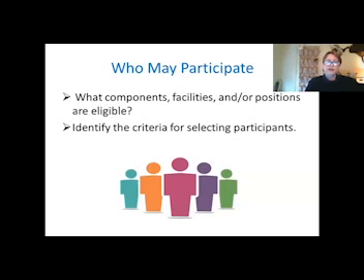I'm not sure if it's clear in the slides, but one of the components of identifying the criteria for selecting participants might be the issues that the person is raising in their complaint or their claim. We had one pilot that limited participation to those with what they called the more straightforward issues. They excluded claims of, for example, sexual harassment, hostile work environment, reasonable accommodation claims, and claims that tended to be a little more involved and a little more tricky.